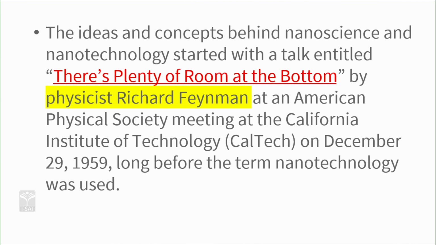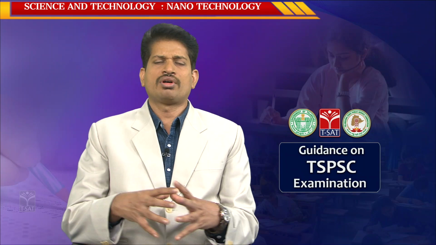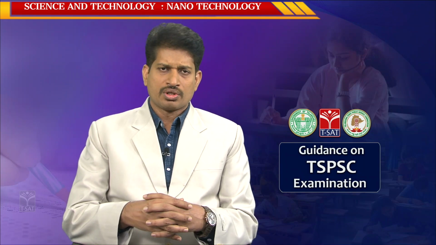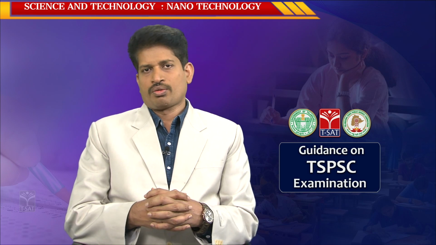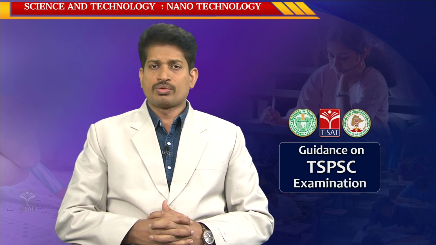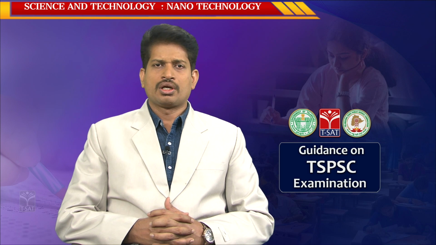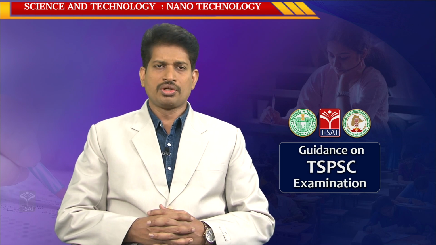So what do you mean by this? There is plenty of room at the bottom means that when matter is subdivided to the level of atoms and molecules, the possibility of controlling matter at the microscopic level helps in manipulating it as you desire.